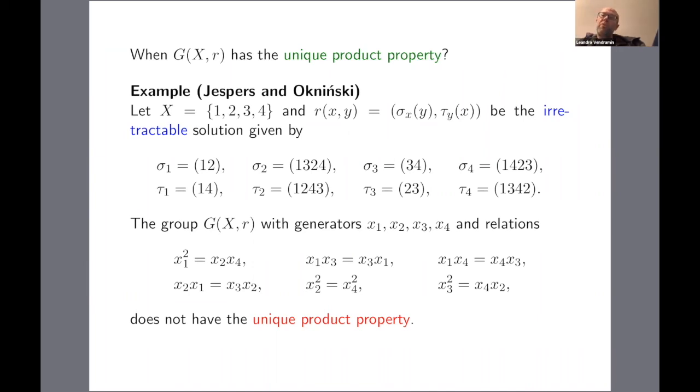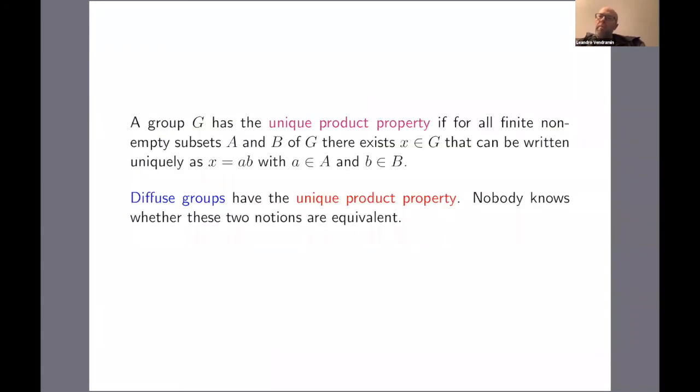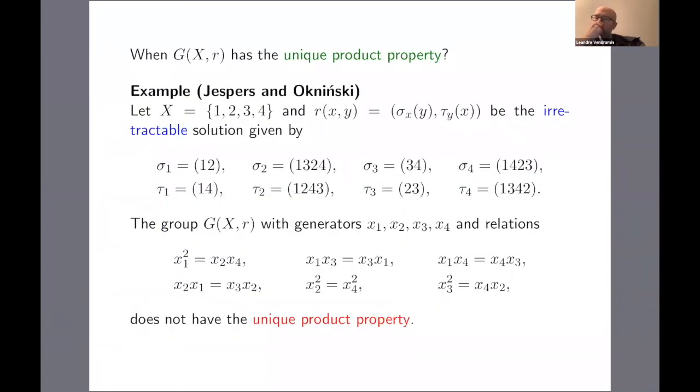So this is an irretractable solution, right? One of these two solutions that you have with this property. So then you can, of course, define the structure group, which is the group given by four generators and those relations. And you can check that this group does not have the unique product property. This was done by Jespers and Okniński.